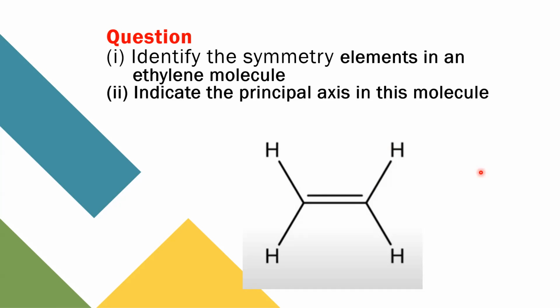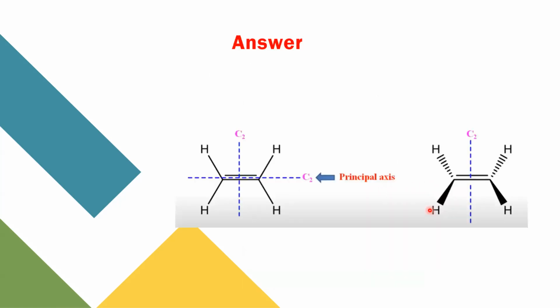C2 axis. Yes, where? Along the carbon-carbon double bond. Along this bond. And also perpendicular to the carbon-carbon bond. Very good. So here, there is a C2 axis along this, right?